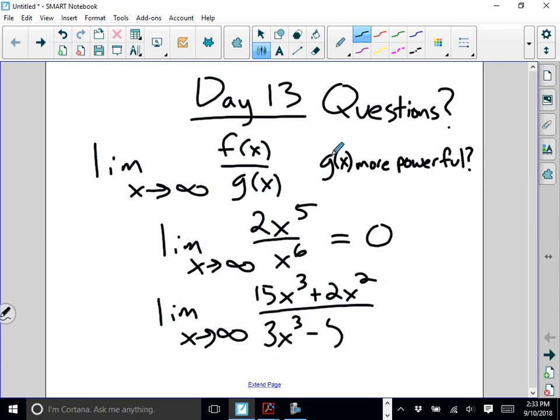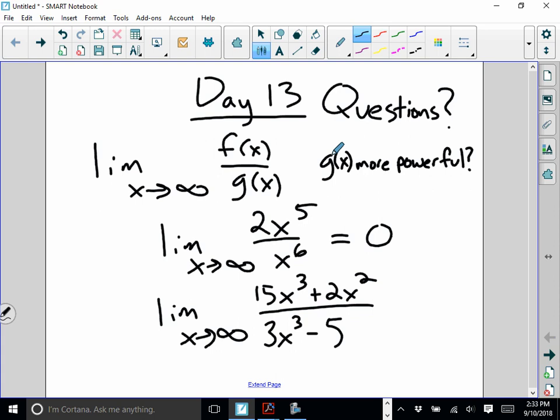So take a look at this setup. We have the limit as x goes to infinity of 15x cubed plus 2x squared over 3x cubed minus 5. We see that our most powerful term in each one is x cubed. So we want to ask ourselves, what's happening as x gets really big? Well, they're equally powerful.